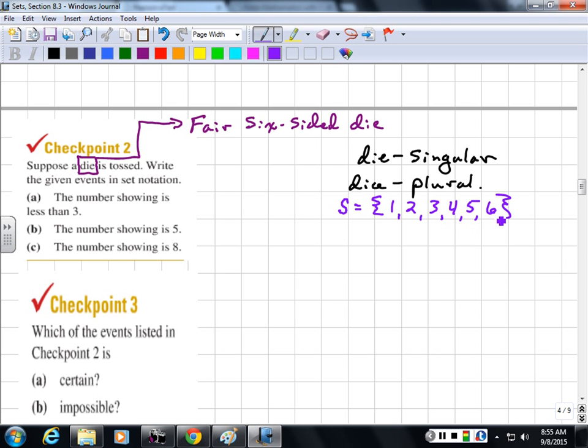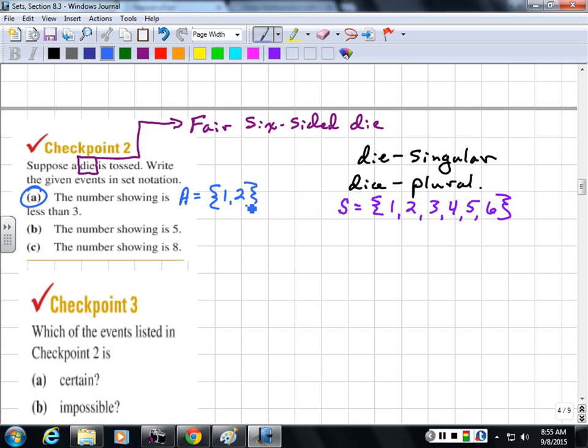A 1, a 2, a 3, a 4, a 5, or a 6. Now, part A, the number showing is less than 3. Well, there's only 2 possibilities here, right? 1 and 2. So that means my event, A, and we'll call it A, is simply equal to 1, 2.